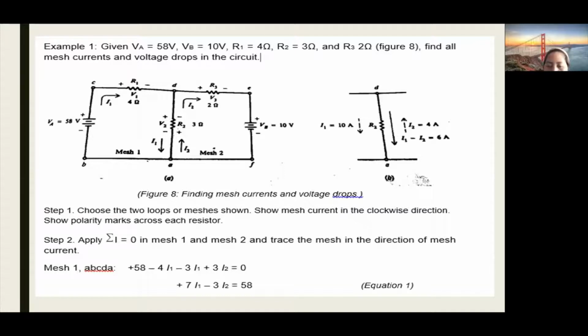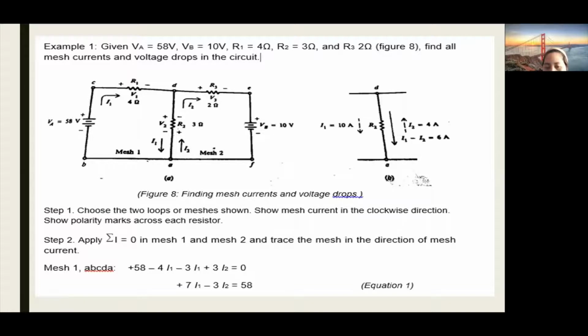So this time, it's positive because of the direction of the current 2. So here is current 2. So it equals 0. So negative 4 minus 3, it's negative 7, plus 3 I2 is equal to 0.